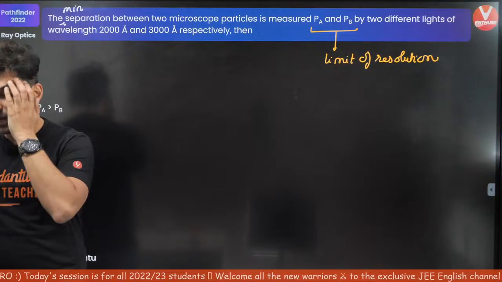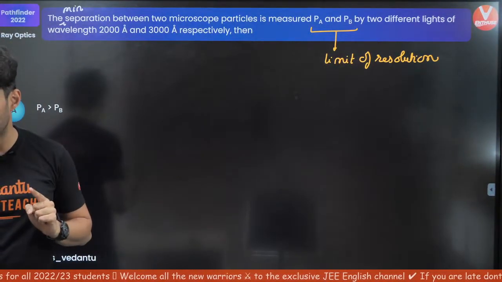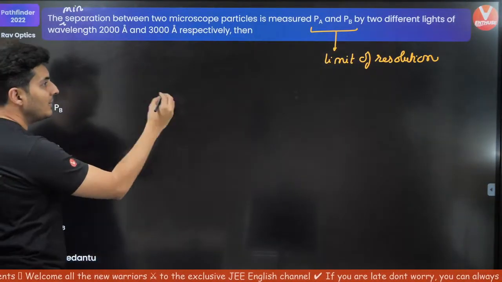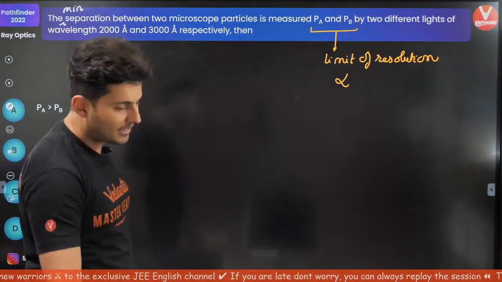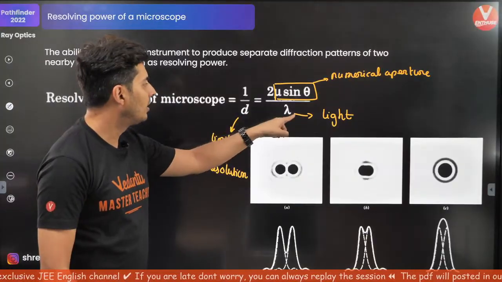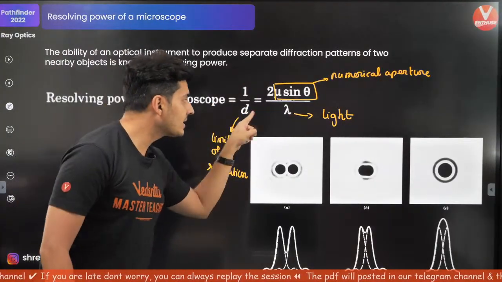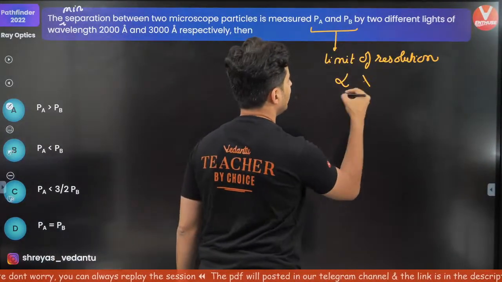And do you guys remember what the limit of resolution is dependent on? Come on, put it up in the chat box. What is the limit of resolution dependent on? The limit of resolution is directly proportional to lambda. It's not inversely. Power is inversely proportional to lambda. D is directly proportional to lambda.